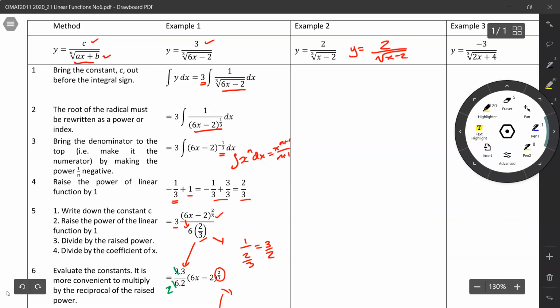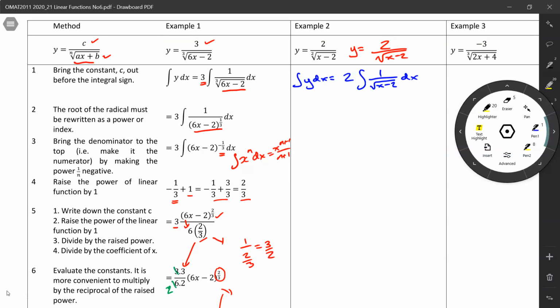So if I do this function here, y dx is equal to 2 times the integral of 1 over the square root of x minus 2 dx. So we bring the constant outside. Then we need to rewrite the radical, the square root, as an index or a power.